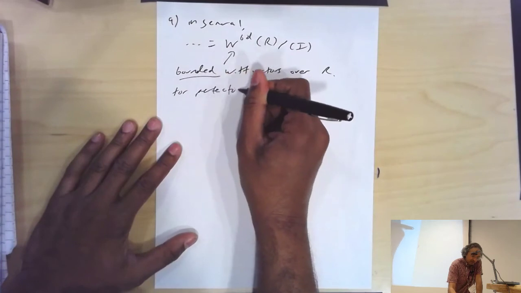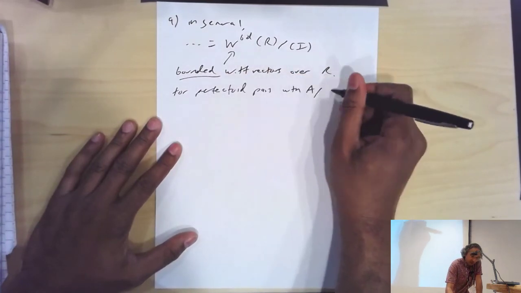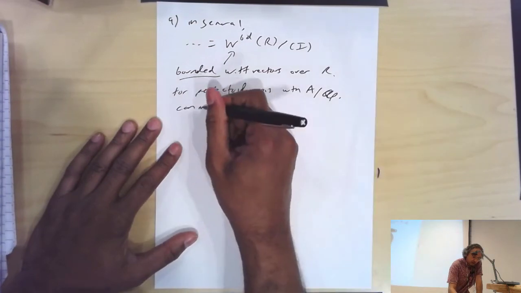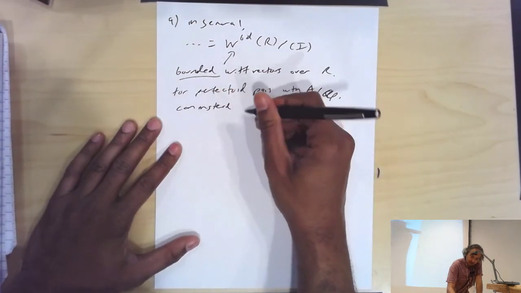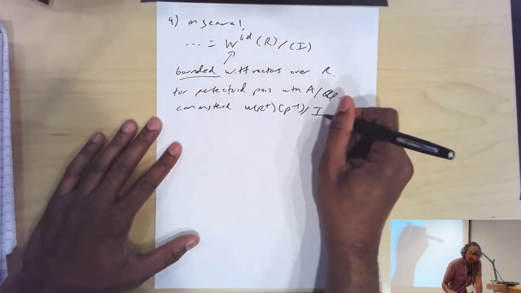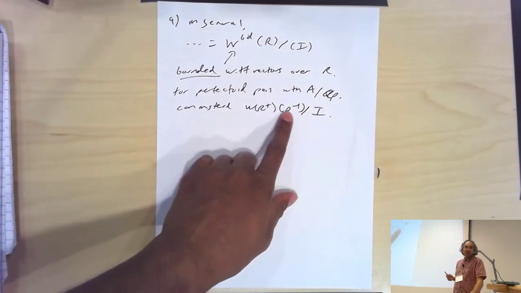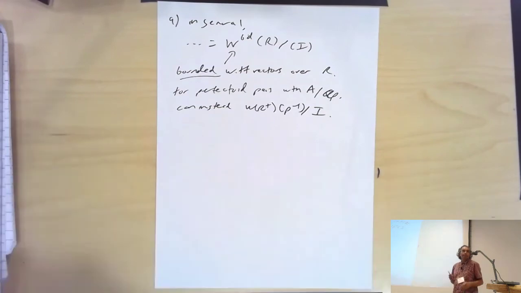If you restrict the left-hand side to perfectoid pairs with A being a Q_p algebra, then instead of this, you can invert p instead, and that would work. So, for example, if you read my paper with Liu, we invert p to form this thing.